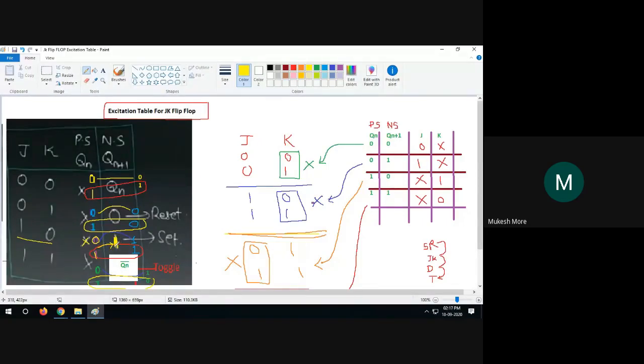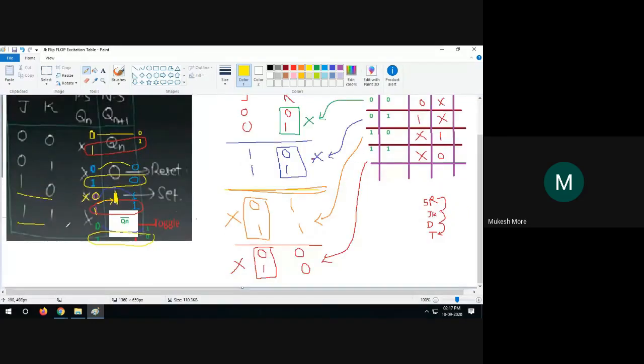That is the set condition of the flip-flop. And if the last combination, J=1, K=1, then for the JK flip-flop we have complement output. So when the present state is 0, the complement output, the next state, is 1.